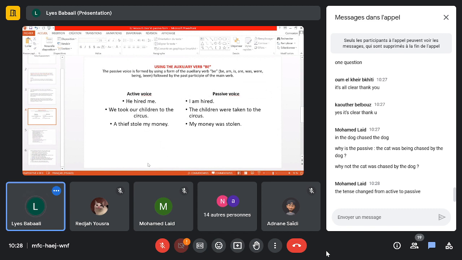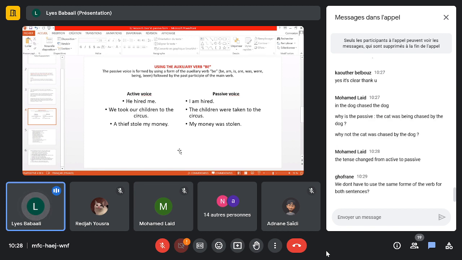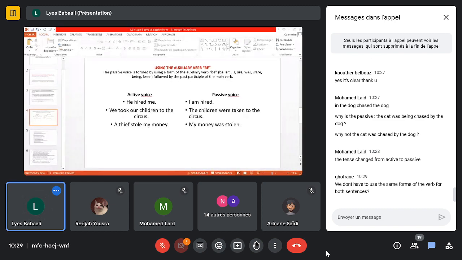It's also true. Look, check out the examples I have included. He hired, I am hired. We took, the children were taken. A thief stole my money, my money was stolen. Oh, yeah, yeah.